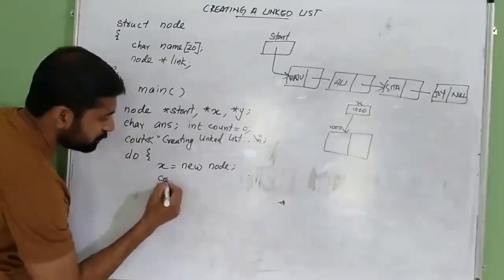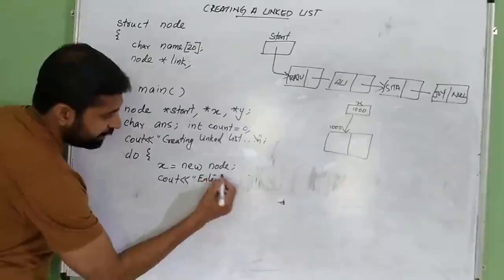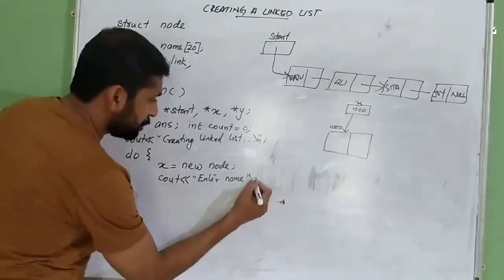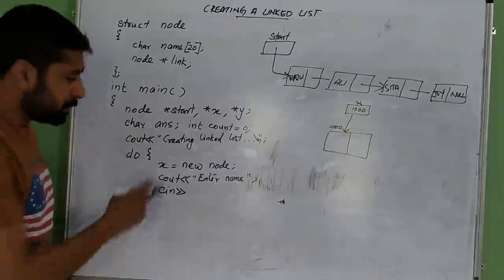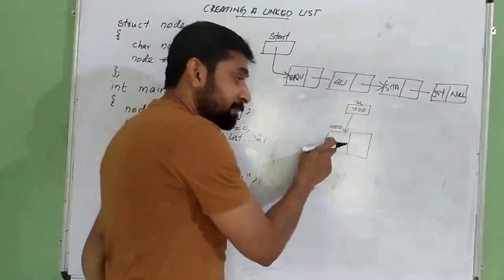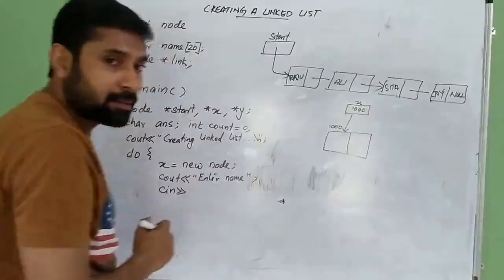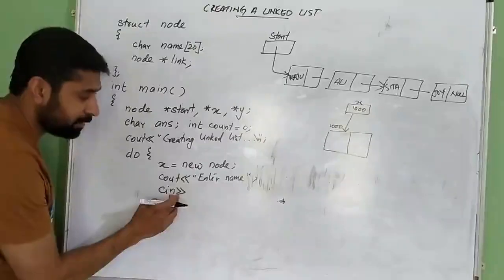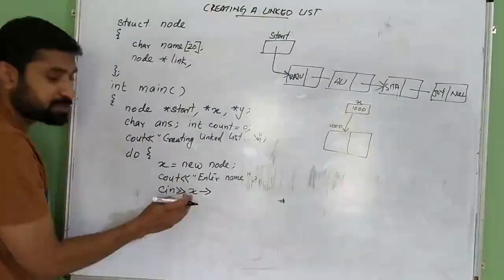Now cout, enter name. So that name is to be accepted. We have created a node, accept the data part, and make the link part null. That is the algorithm. So x arrow name, x is a pointer.